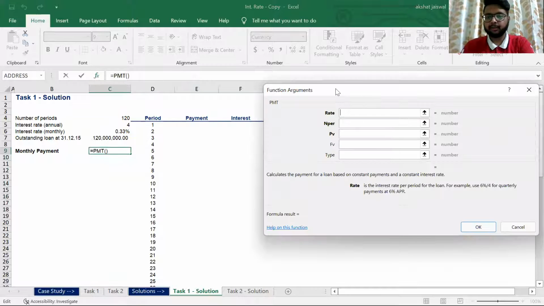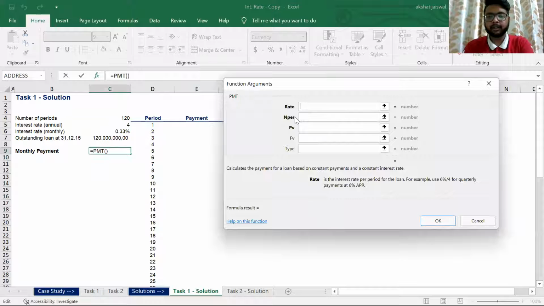You'll have this tab called rate, nper. Nper is your number of periods, PV is your present value, FV is your future value, and the type. So let's click on rate. What will be our rate? We have to take 0.33 as our rate, that is monthly. We are going to calculate on a monthly basis for the monthly payment. So C6 will be our cell reference for rate.